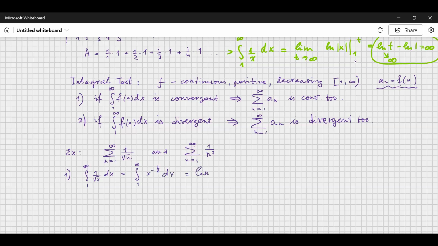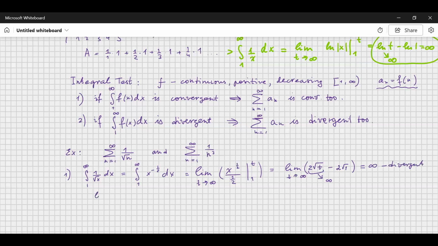Now I'm going to put a limit, because that's an improper integral, and the limits are from 1 to t. The integral of this is x to the power of 1 over 2, divided by 1 over 2, and t goes to infinity. So here I'm going to have square root of t, and the 1 over 2 becomes a 2, so 2 square root of t minus 2 square root of 1. When t goes to infinity, this term goes to infinity, and it's divergent.